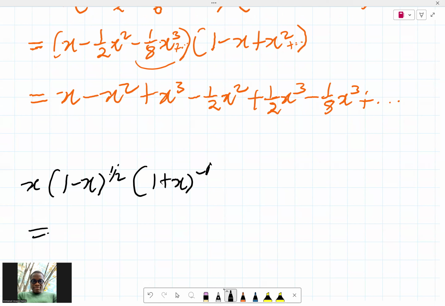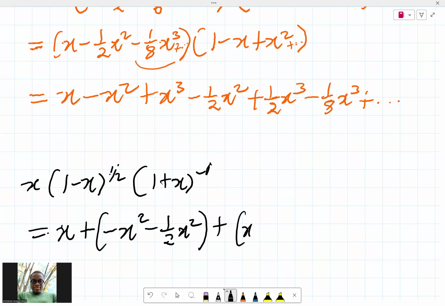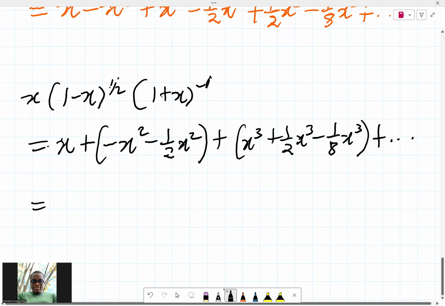Then for powers of 2, we have minus x squared minus 1 over 2 x squared. For power 3 now, we can say plus x cubed plus 1 over 2 x cubed minus 1 over 8 x cubed. And then all of this continues.